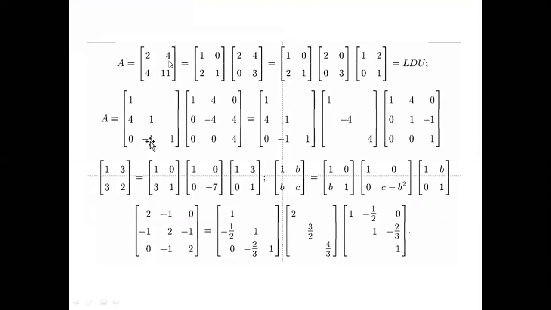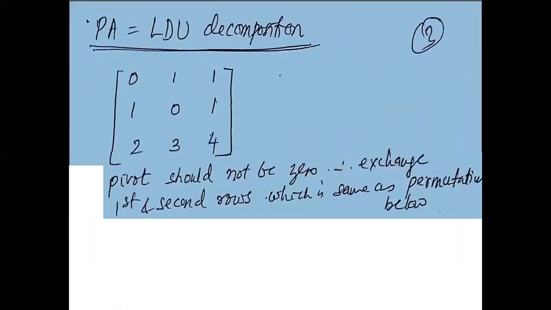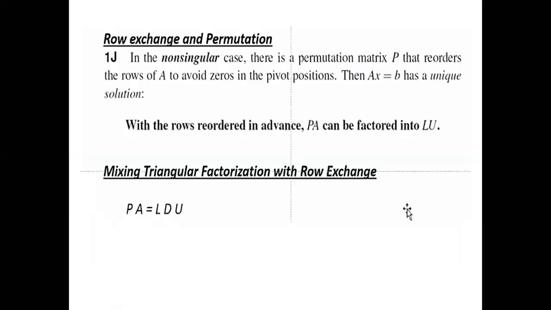First you take A, convert it into LU, then you take LU, convert it into L, D, U, and that's your answer. These problems, solutions I have given. This one problem I have solved, and I've given you the solution. So this I expect that you would do.